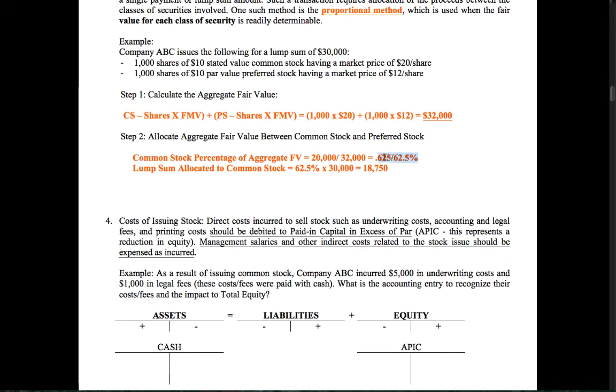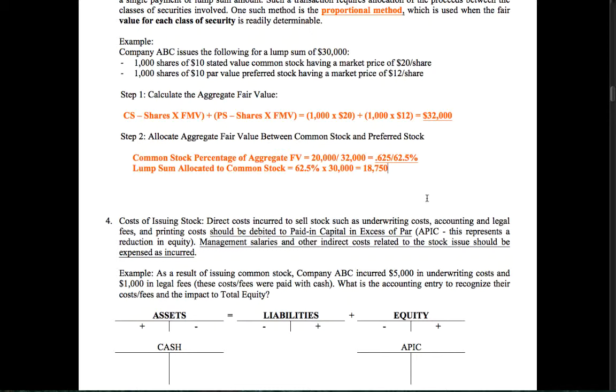This will give you 62.5%. Then, easy enough, you will take the 62.5% and multiply that by the $30,000 lump sum we received. What this illustrates is that the amount allocated to common stock needs to equal 62.5% of the total lump sum received, which equals $18,750.